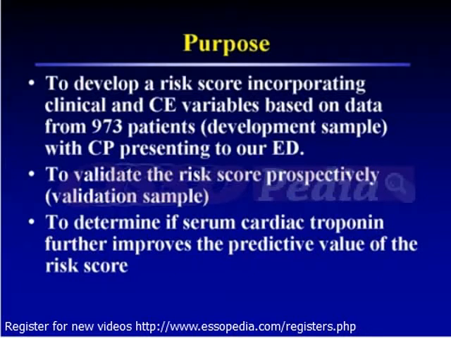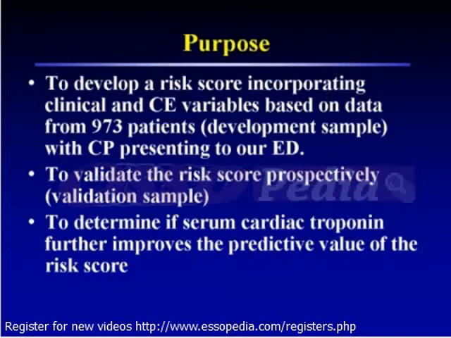We developed a risk score which incorporated clinical and contrast echocardiographic variables based on data from 973 patients, the so-called development sample. All of these patients presented with chest pain to our emergency department. In order to validate the risk score prospectively, we applied the risk score in another large group of patients presenting with chest pain.